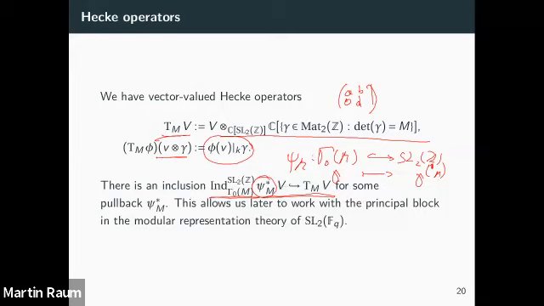So we get this pullback. This V was before a representation for SL2(Z). Then we pull it back, then it's a representation for Gamma_0(m), and then we induce it. And this one injects into T_m V. Actually, one can precisely describe the image. The image is what I call the primitive vector-valued Hecke operator.